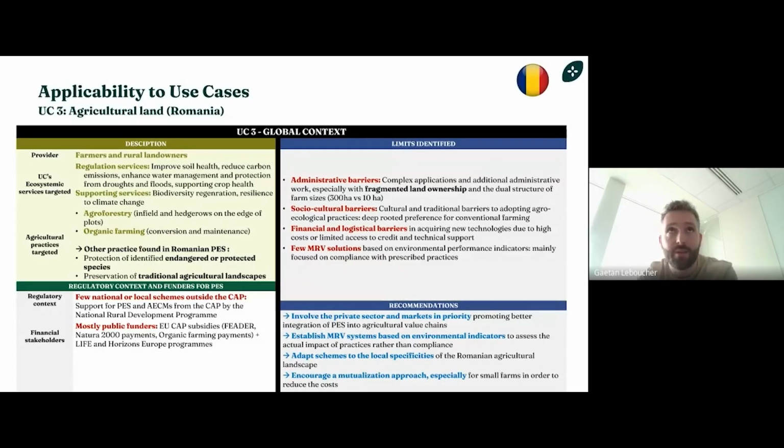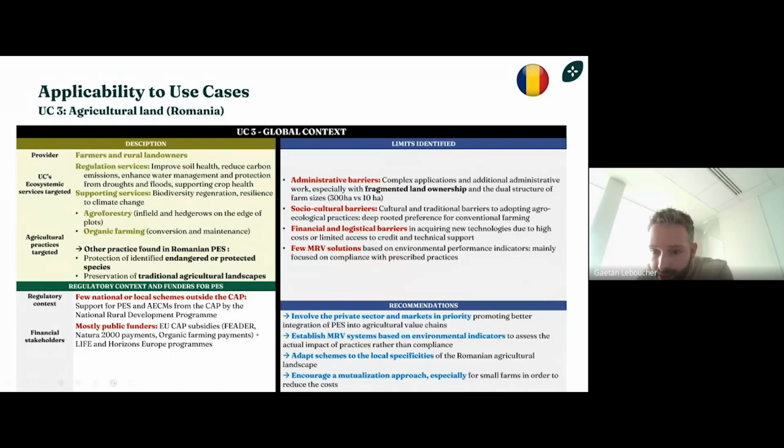So it's linked with the traditional practices of the farmer. Financial and logistical barriers also, and few MRV solutions. So this is a recurrent barrier.